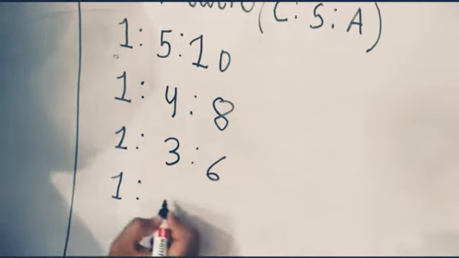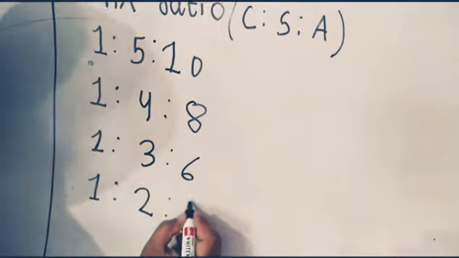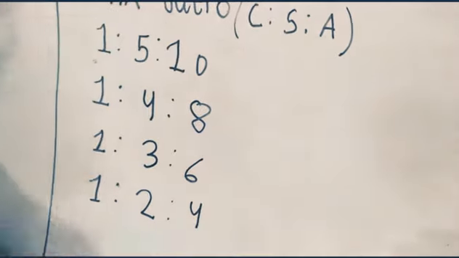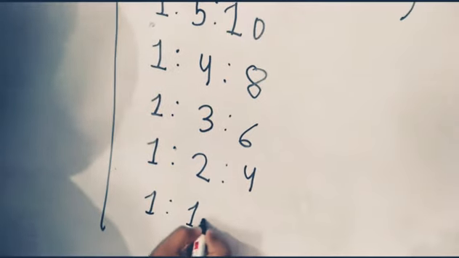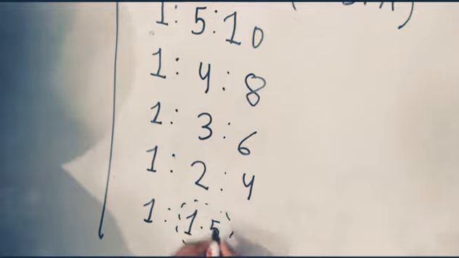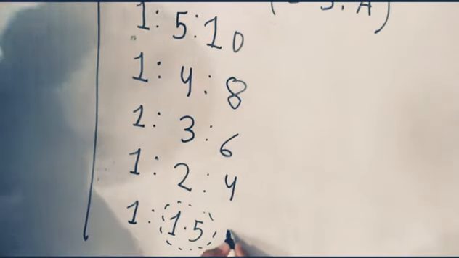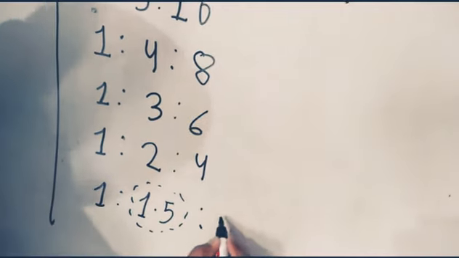Similarly, the mix ratio of M10 is 1:3:6. Similarly M15 is 1:2:4. Similarly M20 is 1:1.5:3. Here it is changed a little bit because in M20 there is a little difference in the sand ratio.